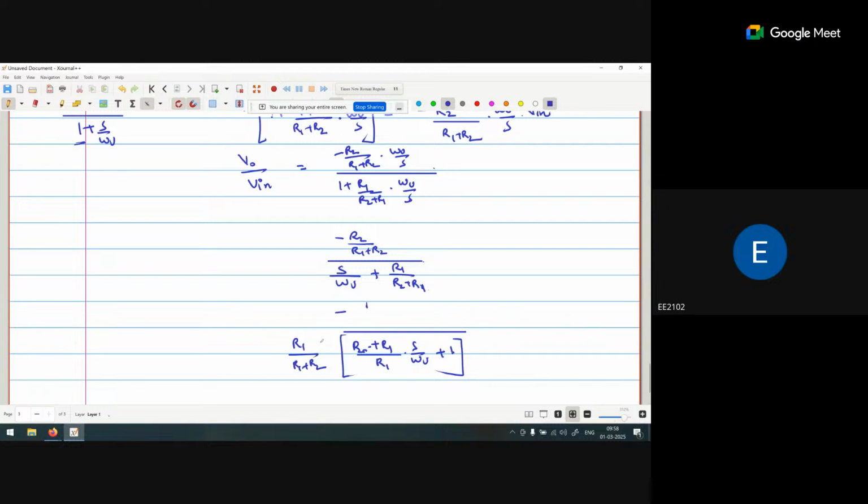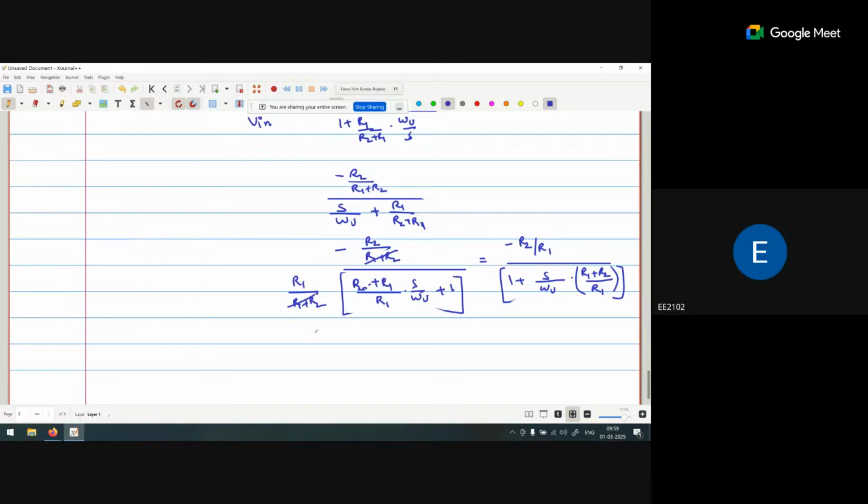In the numerator, it is R2 upon R1 plus R2, so these two terms cancel out. So it becomes minus R2 by R1 upon 1 plus S upon omega U into R1 plus R2 by R1.